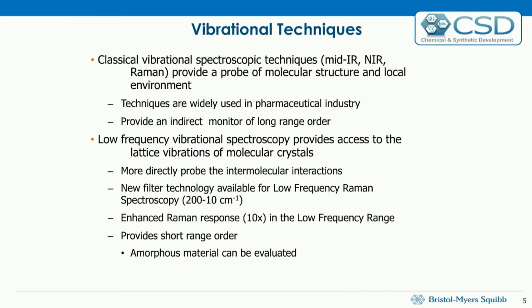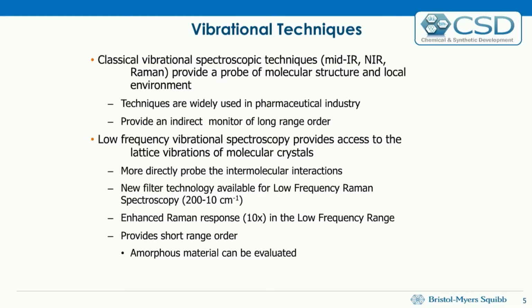So now, vibrational spectroscopy covers a wide range. We do know that we get a lot of information on the long-range order, or we have a crystalline material, with mid-IR and near-IR. With Raman, we can also look at polymorph differences in the crystalline matrix, many times in the fingerprint region. That gives us a lot of information, but now we extend that further into the low frequency range.